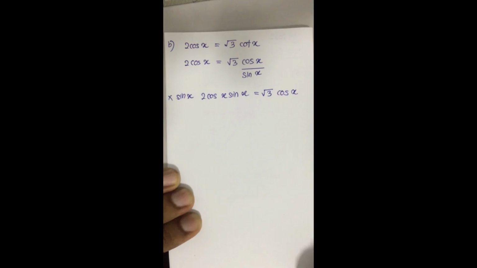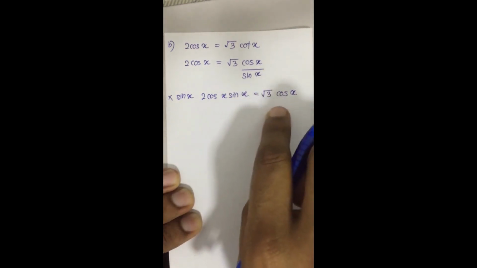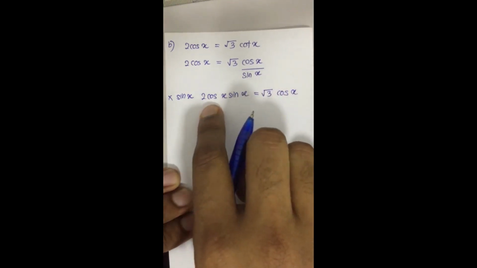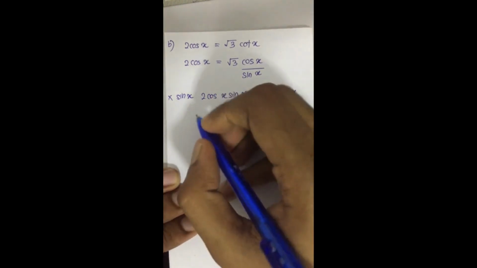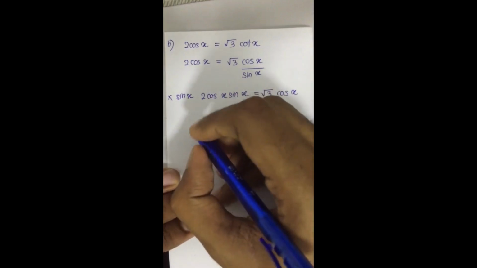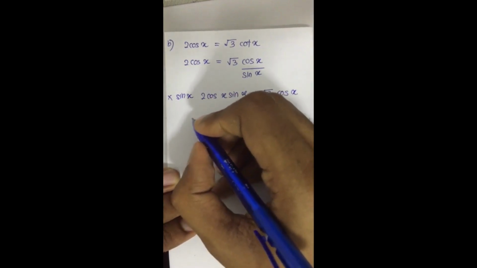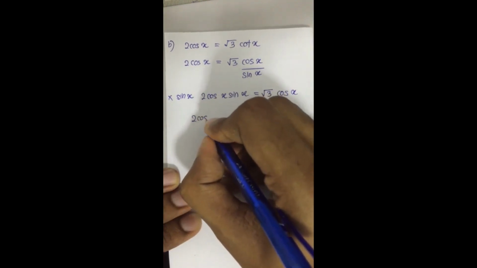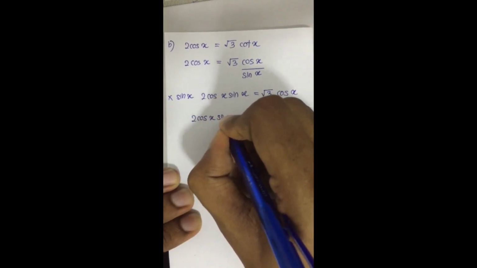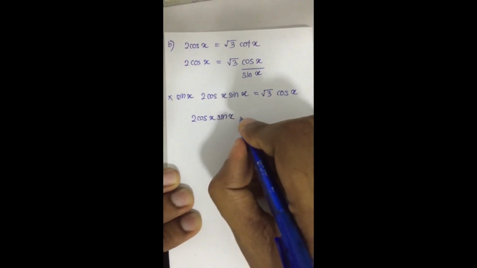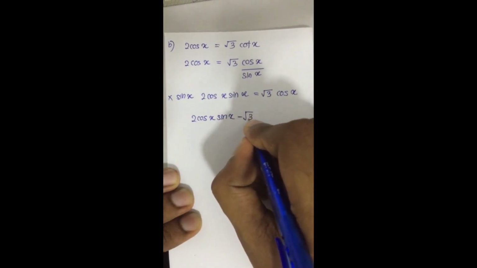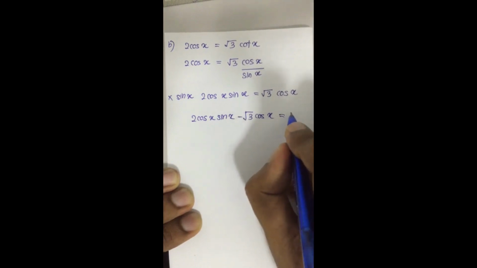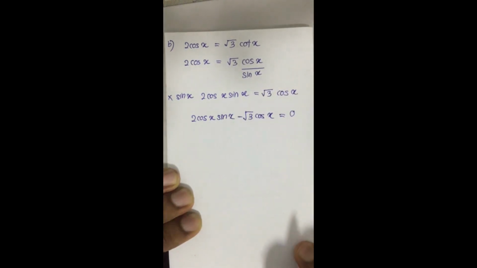For the next step, this sec 3 cos x from the right hand side, we're going to move it over to the left hand side. So 2 cos x sine x minus sec 3 cos x equals to 0.